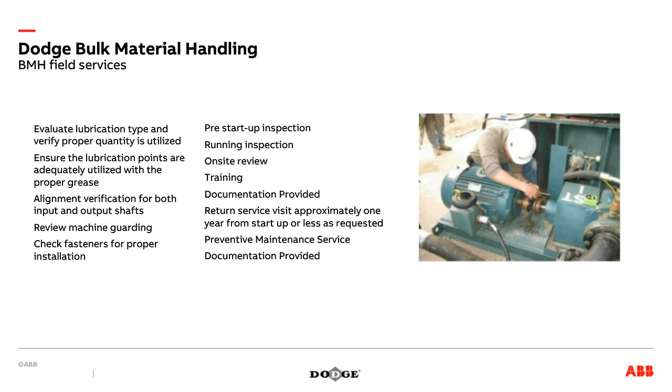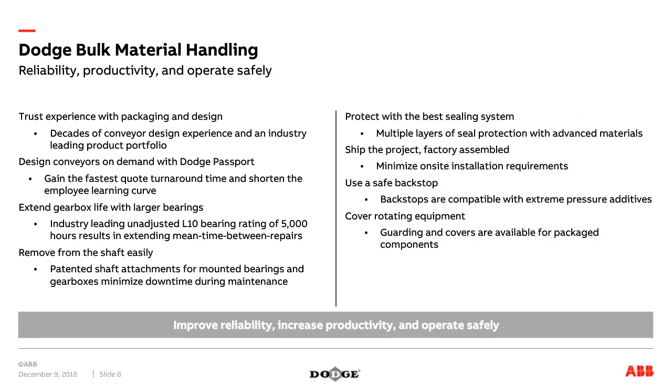With the individual products that are included in the portfolio, a few things in regards to the Dodge mechanical power transmission product line is really focused around reliability, productivity, and helping our customers operate safely. We are going to discuss our conveyor design experience here in just a minute, but that goes a long way in ensuring that you get the right products for the right application for what you needed to do.